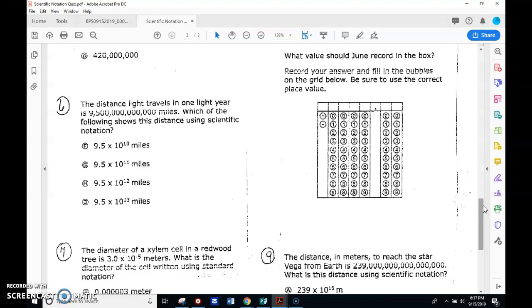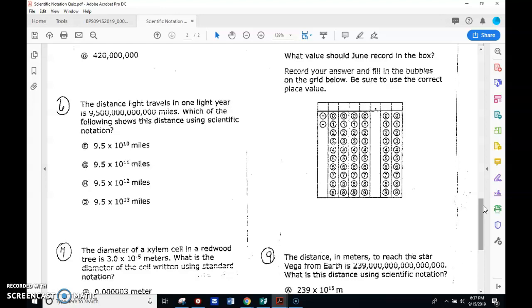Which of the following shows this distance using scientific notation? F, 9.5 times 10 to the 10th power miles. G, 9.5 times 10 to the 11th power miles. H, 9.5 times 10 to the 12th power miles. J, 9.5 times 10 to the 13th power miles.